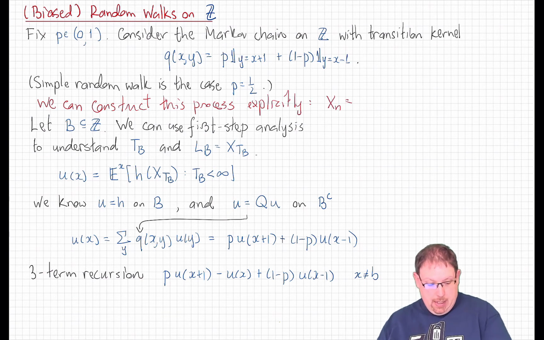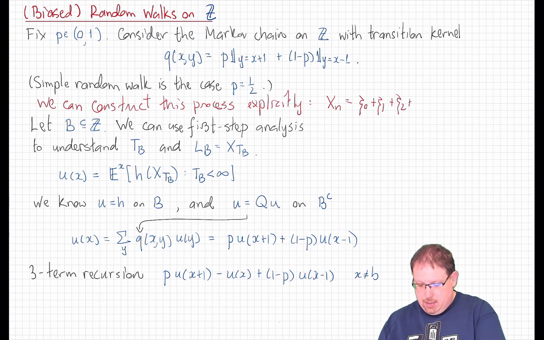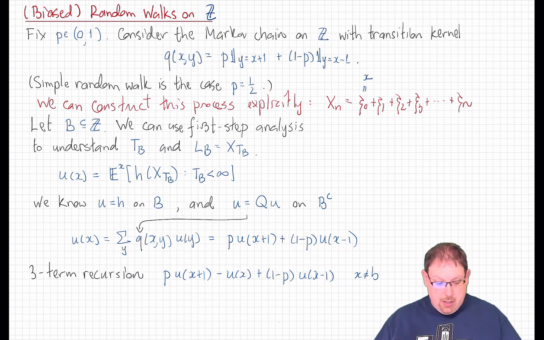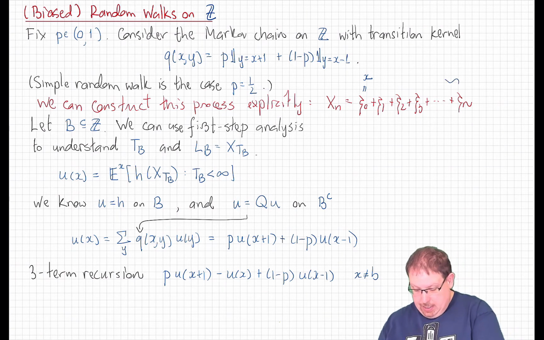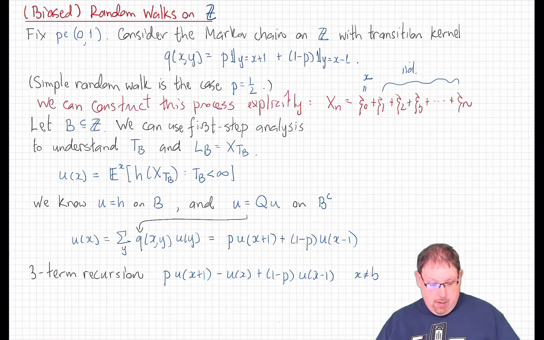Xn can be realized as a sum of independent random variables, X0 plus ξ1 plus ξ2 plus ξ3, etc., where X0 is just equal to whatever x we're going to start the process in, and the ξ1 and onward are IID, biased Rademacher random variables.